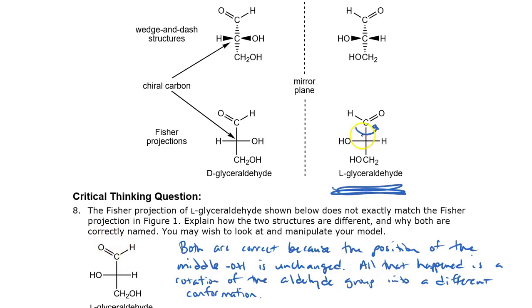And that's just a single bond, so you're allowed to rotate around there. That doesn't change the position of the OH on the center carbon, which is still on the left side, so it's still L. And that's how I've written it.